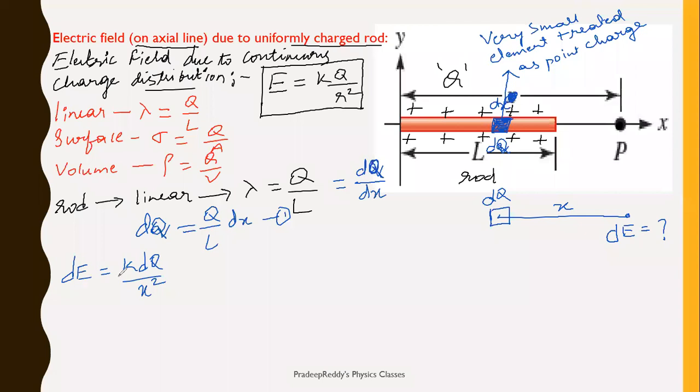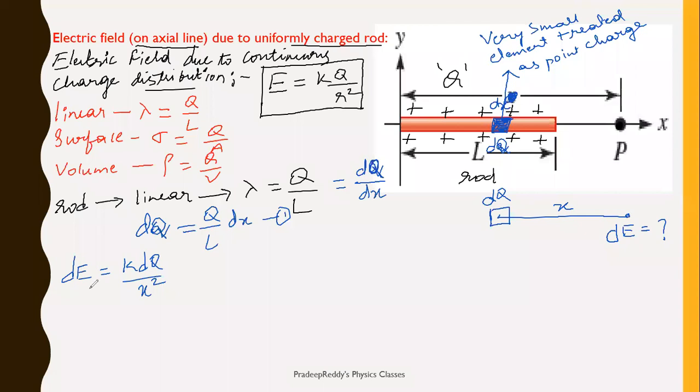So what I am doing here is taking a very large continuous distribution and cutting it into small portions. That portion's charge is dq and its length is dx. Now as this becomes a point charge, the electric field equation for point charges is directly applied. So taking this point charge as the reference, I am finding the electric field at this position.